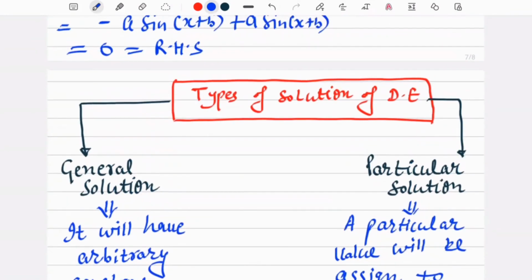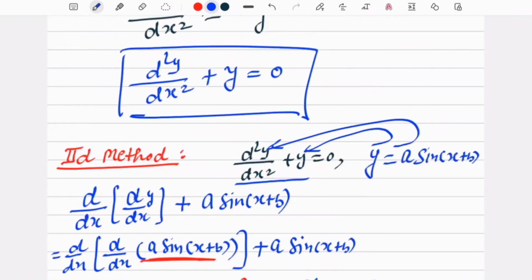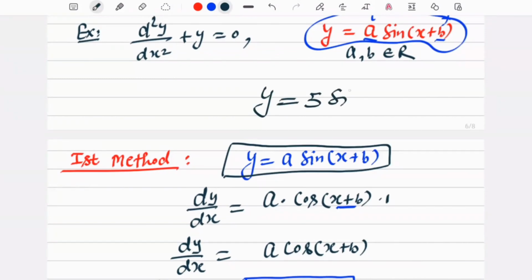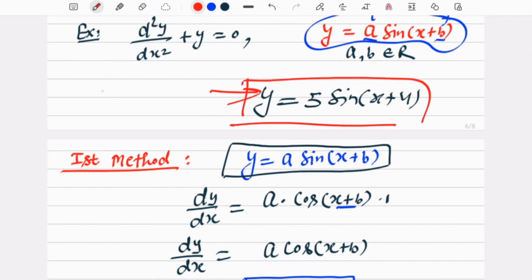So in the previous example, if I ask you whether this given function y equals a sin x plus b is particular or arbitrary? General solution. And if I write it in a different way, like 5 times sin x plus 4, then it is a particular solution.